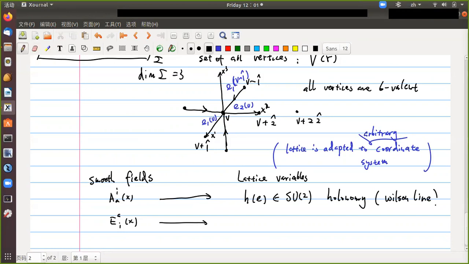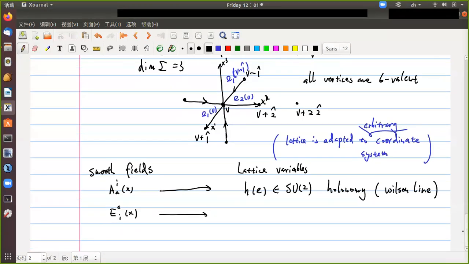This just means the same thing: for physicists, it is called Wilson line, and for mathematicians or geometers, it's called holonomy. And secondly, we define P^j of e. This is a vector in R^3. This is called gauge covariant flux.